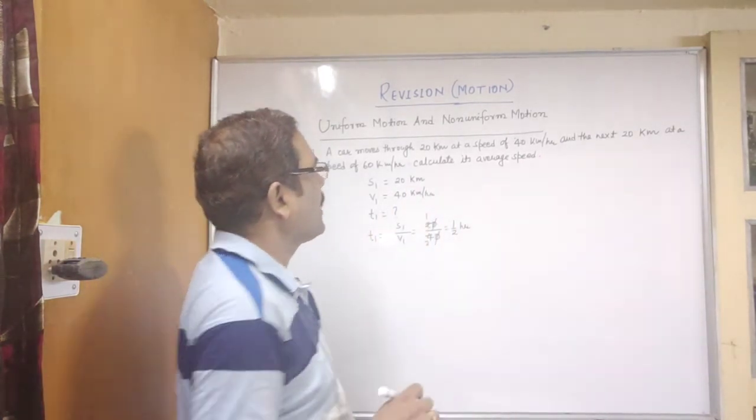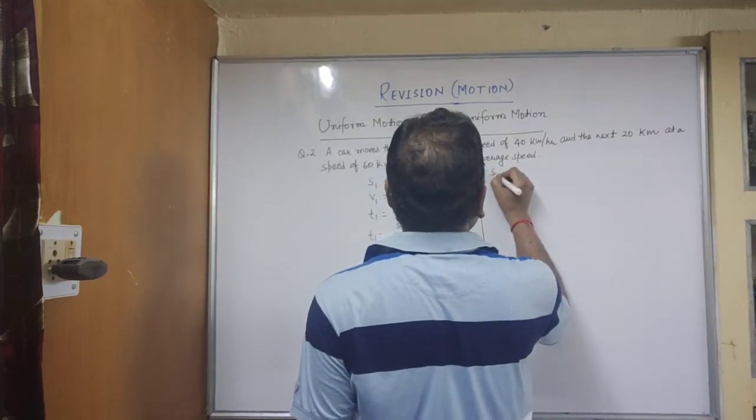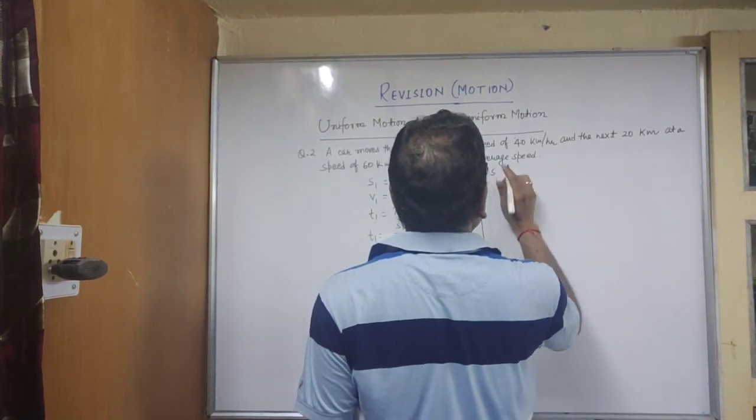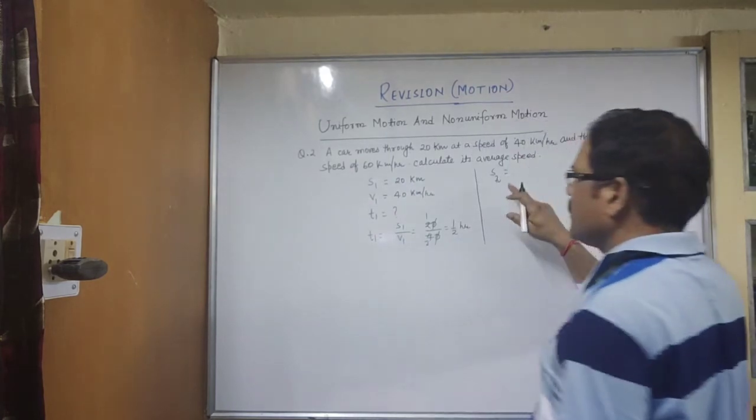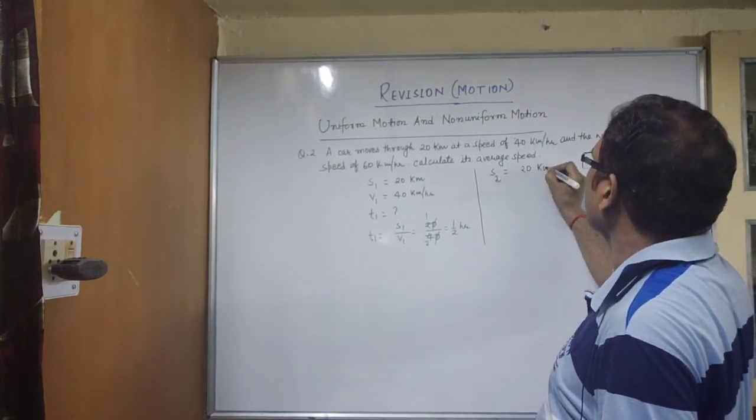Now again the next distance is also 20 kilometers, so we are writing S2. S2 is also 20 kilometer.